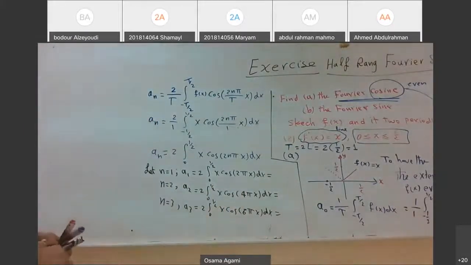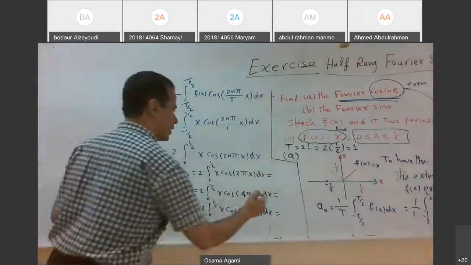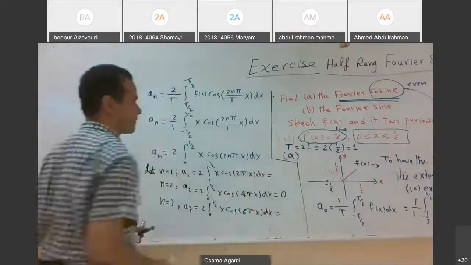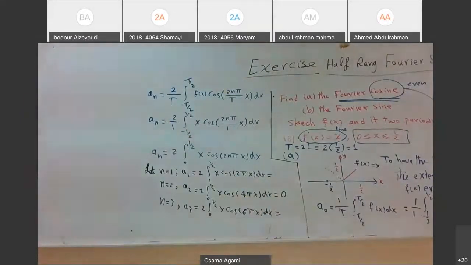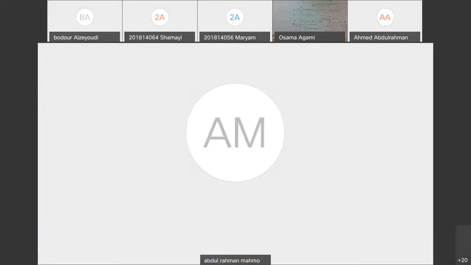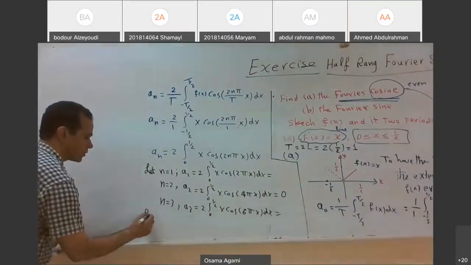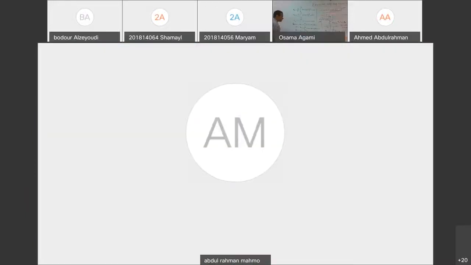I got a2 equal to 0. Equal to 0, excellent. And this one? Take your time, because this will be very important to substitute later. First one, f of x will be what? Sorry? The first one, n equal to 1, is minus 0.1.